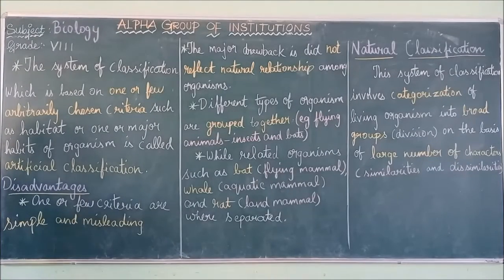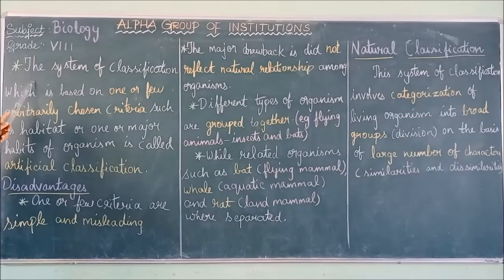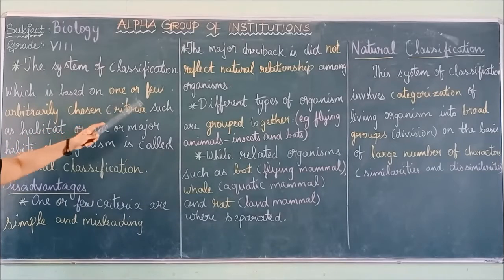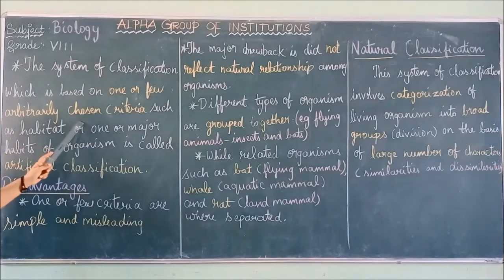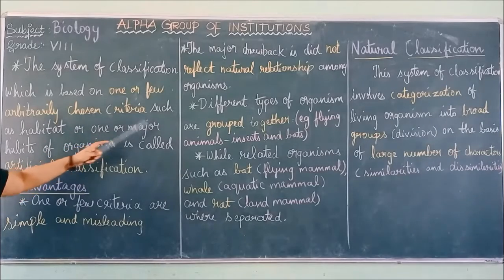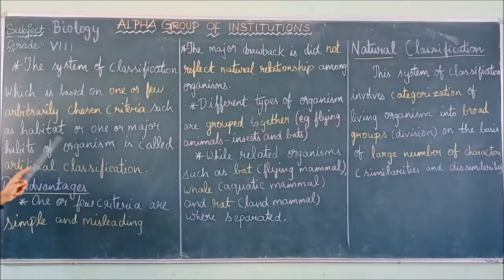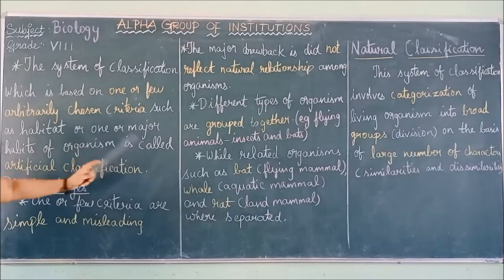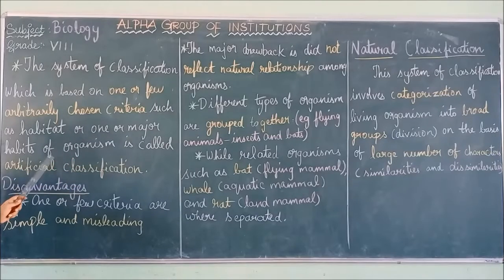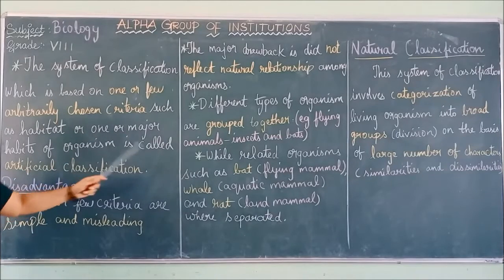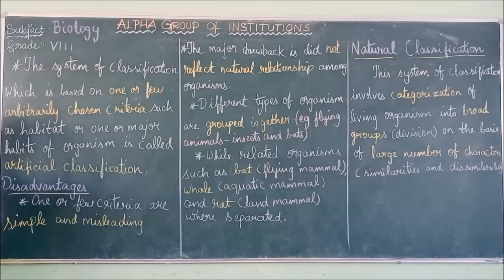We were discussing the artificial classification. So the definition for that is the system of classification which is based on one or few arbitrarily chosen criteria, such as habitat or one or more major habits of organism, is called artificial classification.